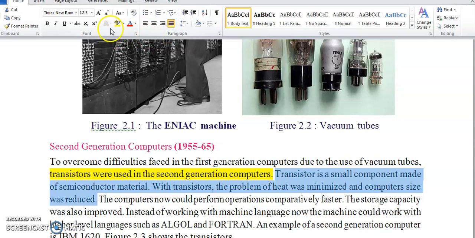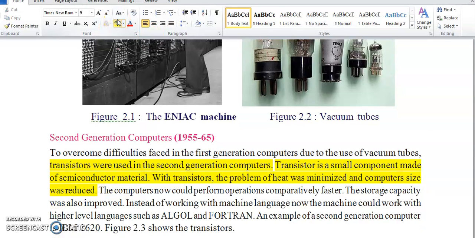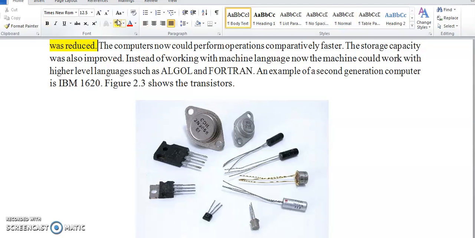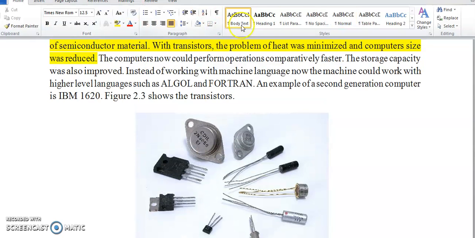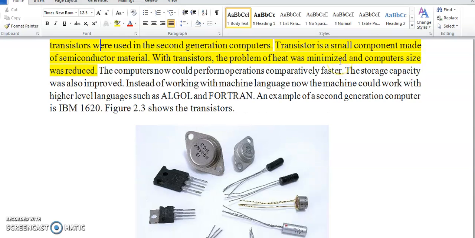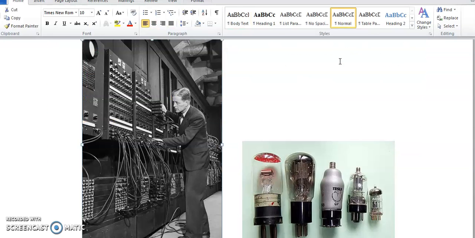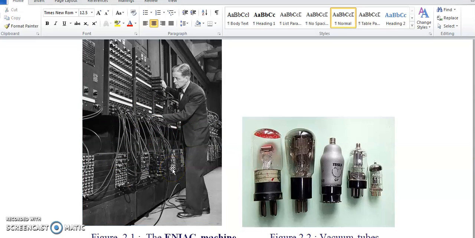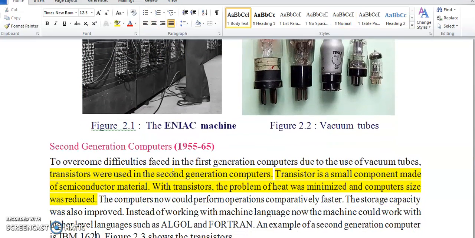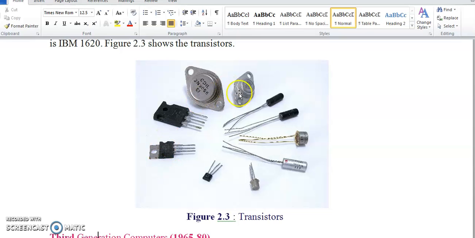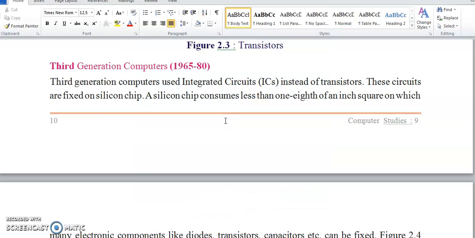The computers now could perform operations comparatively faster. Of course, these are the vacuum tubes used in first generation computers. These are the transistors, made of semiconductor material.